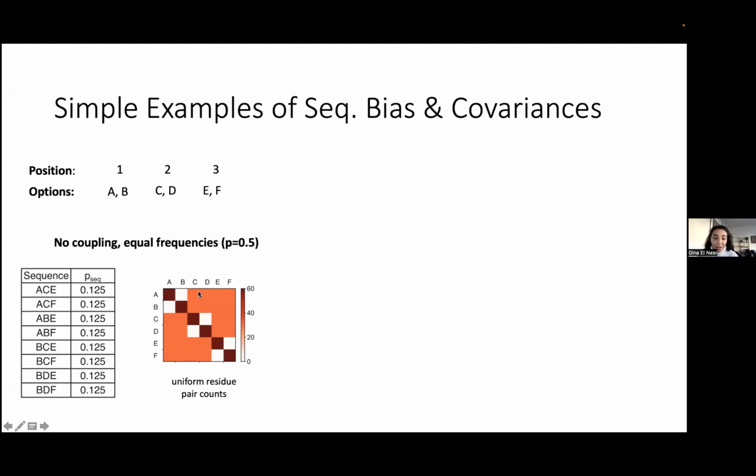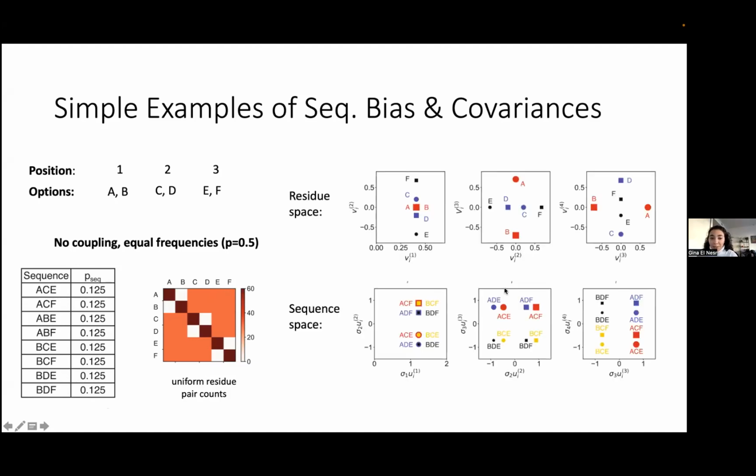And you can see that by this shaded orangey region, and that there is actually that uniform residue pair count. So this is a pretty high entropy model. If you were to take the statistical entropy, it would be a very large value. So you don't actually expect there to be a lot of features or a pattern in the SVD. And that's exactly what we saw.